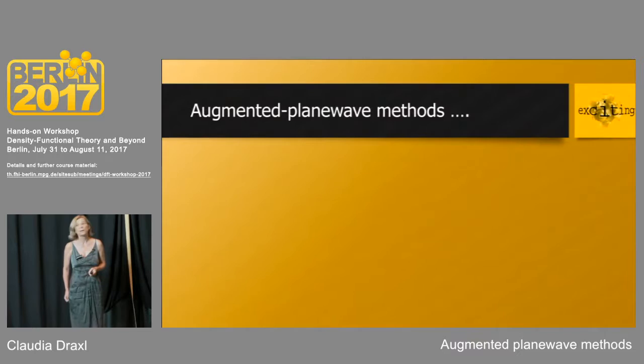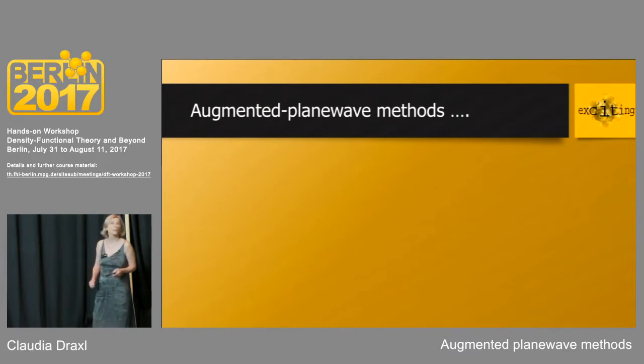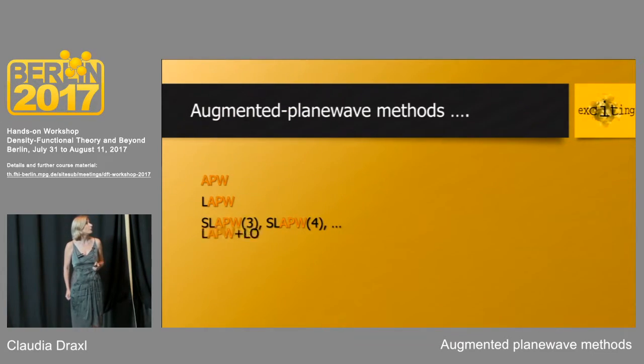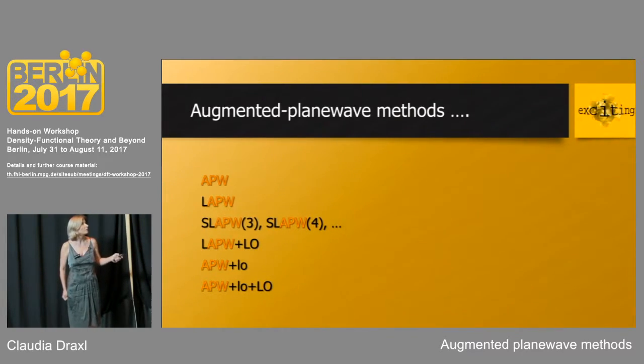So the augmented plane wave method starts actually with APW. This is, so to say, the history of these methods. But then if you look into the literature, there's a lot of methodology: LAPW, super LAPW, APW plus local orbitals, big local orbitals, small local orbitals, combinations, all of this.